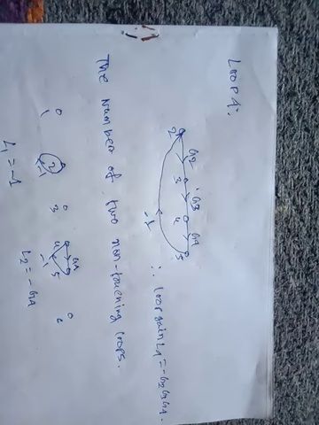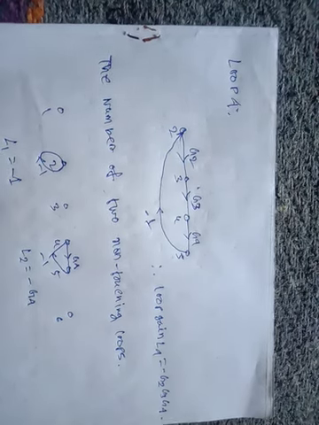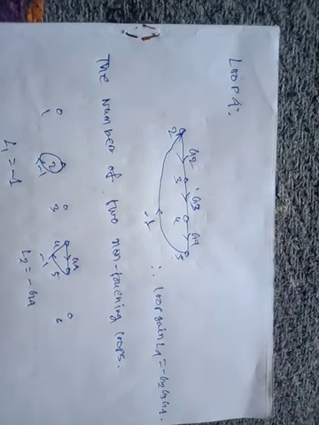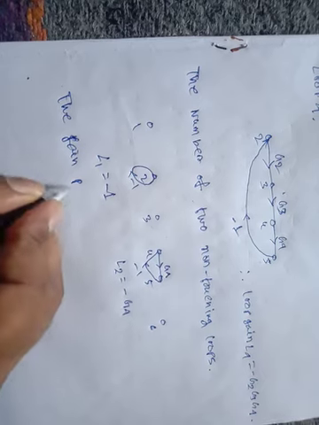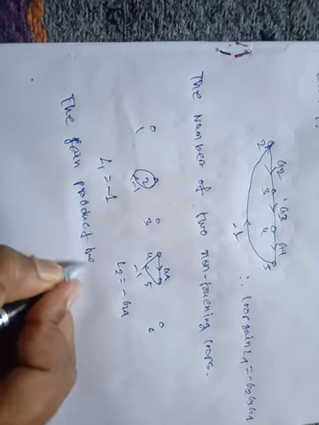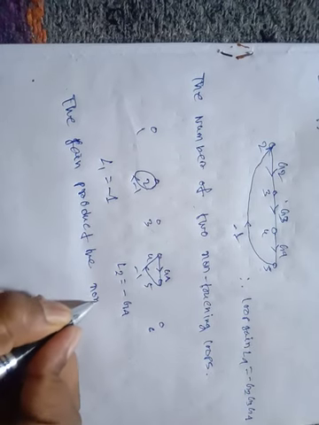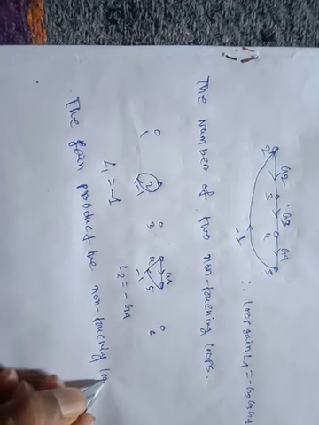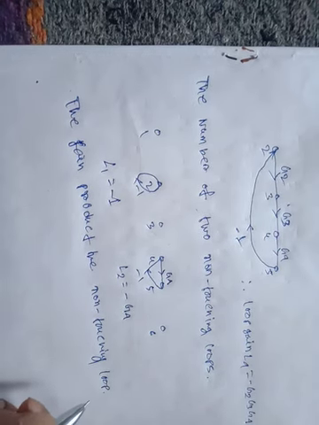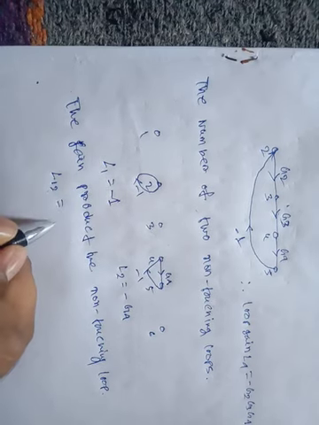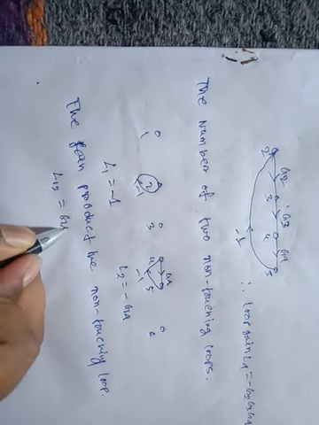Therefore, the gain product of the two non-touching loops L12 is equal to G4.